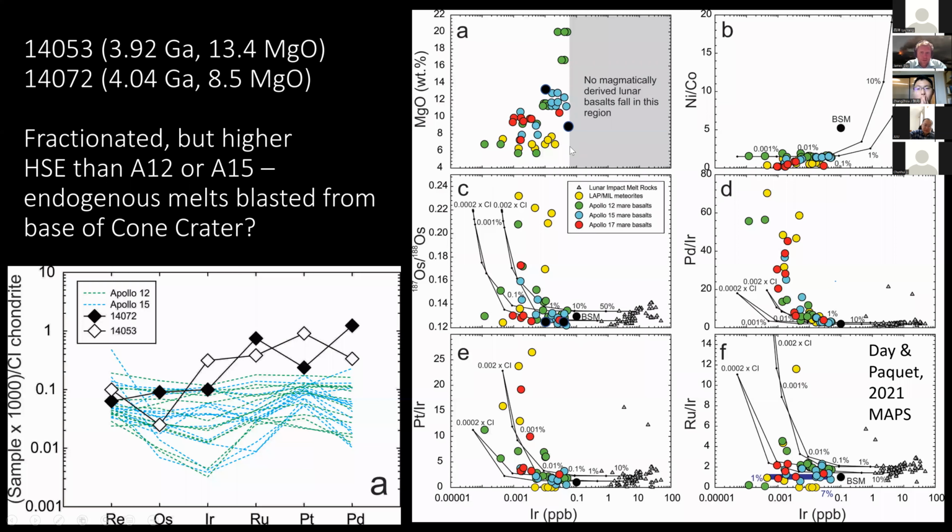You notice there's this plot of iridium versus MgO in the top left-hand corner, where no magmatically derived lunar basalts fall into the region above about, I think, 50 parts per trillion iridium. Now that is strange because that's not what you would predict from regolith contamination.